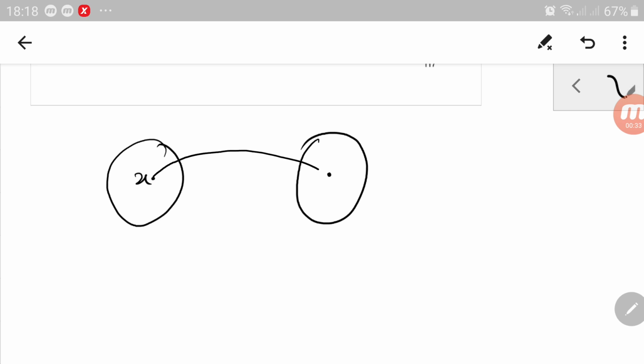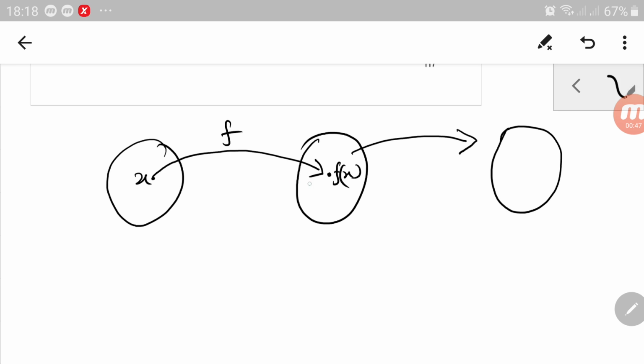When it goes to the f, a process, a function, it becomes f(x) because we insert x inside f. Now, what happens with the composite is that we add another process to the image f(x). So f(x) is the image.